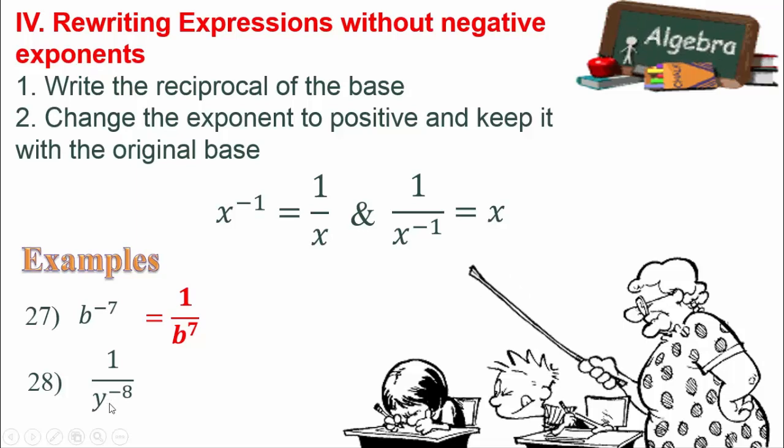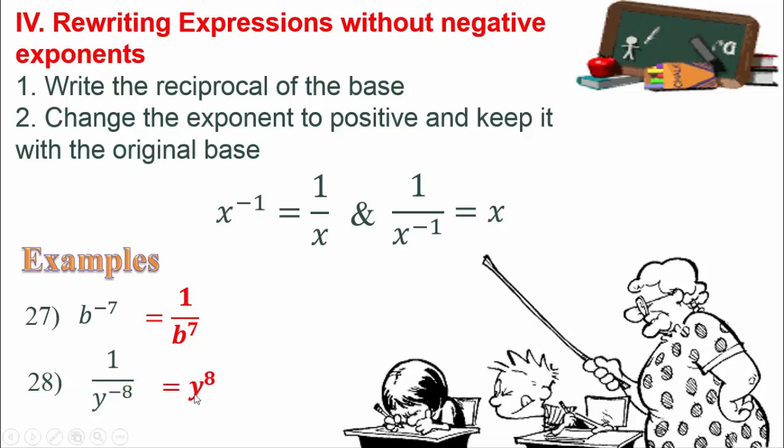So we'll bring the y upstairs and then change it to a positive exponent, giving us y to the 8th. So in 27, we used this rule here, and in 28, we use this rule here.